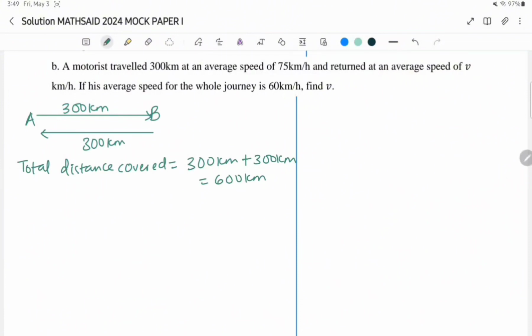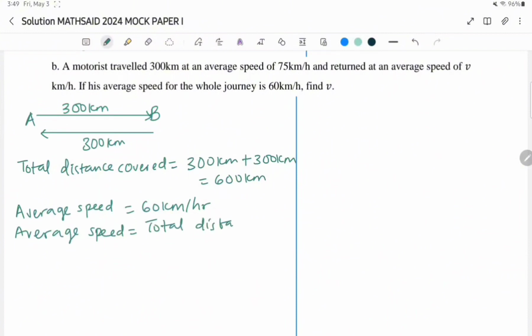That means the average speed for the whole journey is given to be 60 kilometers per hour. If you remember the formula for average speed, it is the total distance covered divided by total time taken.